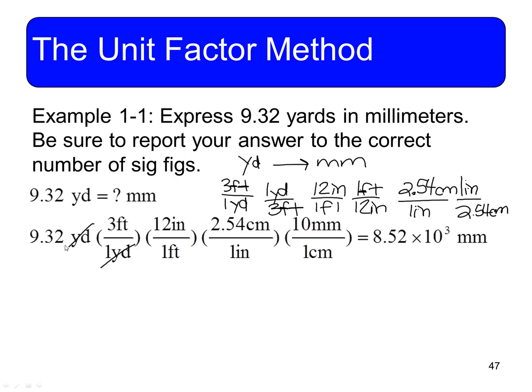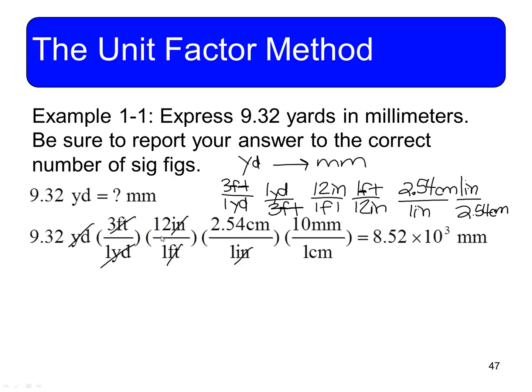Okay, so the next thing I did is I went from feet to inches. Okay, so we can cancel our feet. And now we have inches in the numerator. So if we were asked for inches, then we would stop here. Okay, but we're not, so we're going to keep going. Okay, in 1 inch, there's 2.54 centimeters.